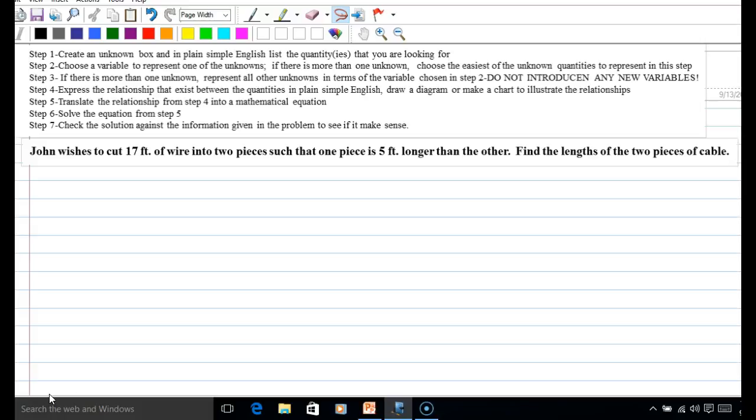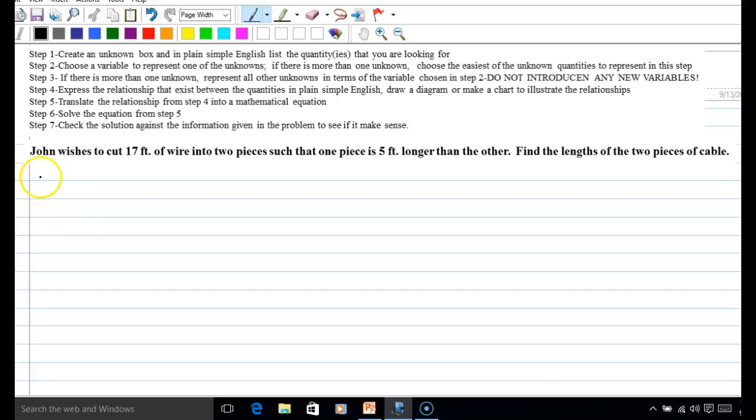If you do a good job of developing the problem in the first 4 steps, then the equation emerges from those 4 steps and makes the problem much easier to solve. So I'm going to solve a couple of problems for you, and I'm going to utilize the various steps to show you how easy solving story problems can be.